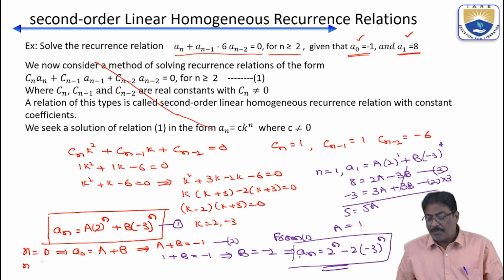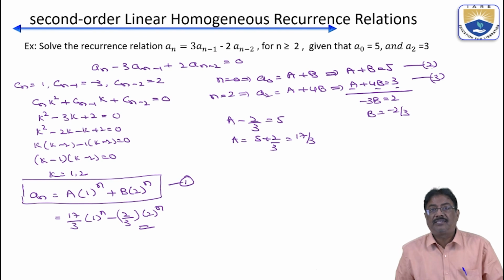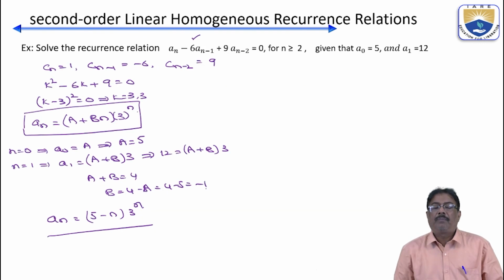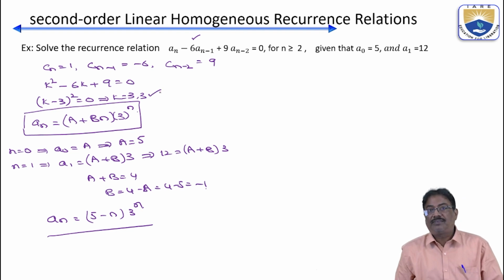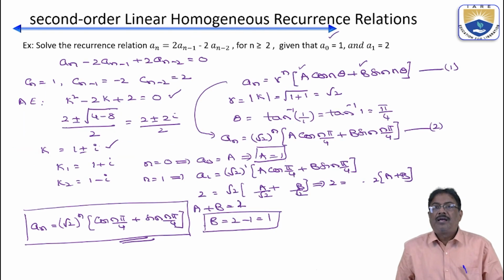In the second problem, the roots are also real and distinct. In the third problem, the roots are repeated, that means k equal to 3 is repeated twice. And the fourth one is where the roots are complex, and we saw what the solution is.